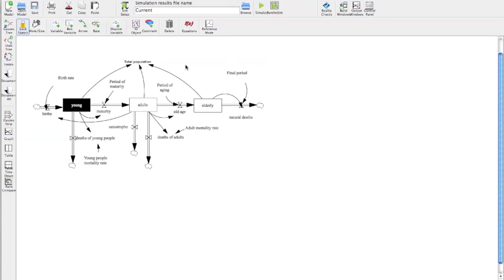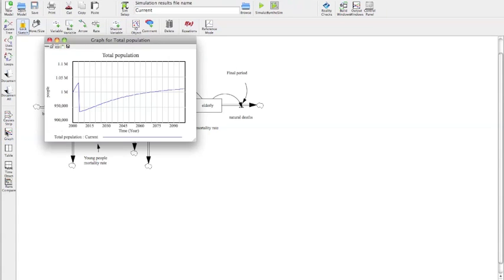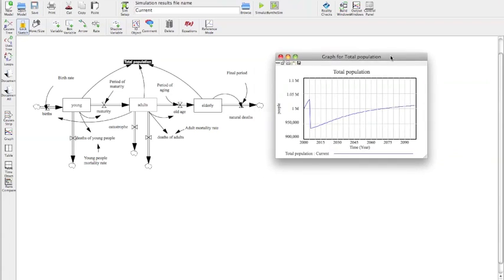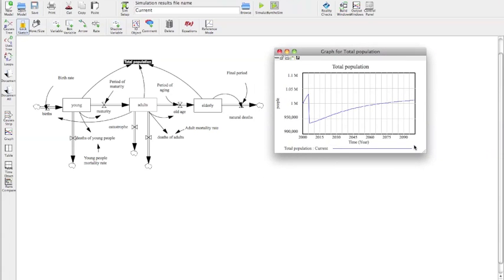If you look at the total population graph, now this is the total, the young plus the adult plus the elderly, you can see that the population as a whole does tend to recover. It grows at the beginning of the first 5 years, and it takes the catastrophic hit, and then it starts growing.